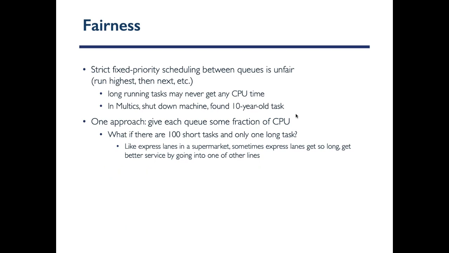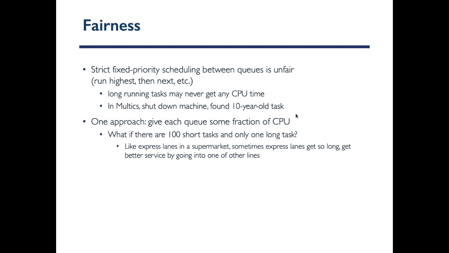That's one approach, but it has its downsides. It's not perfect. What if you have 100 high priority tasks and just one low priority task, and you decide to give the high priority queue 100 time units and the low priority queue just one time unit?